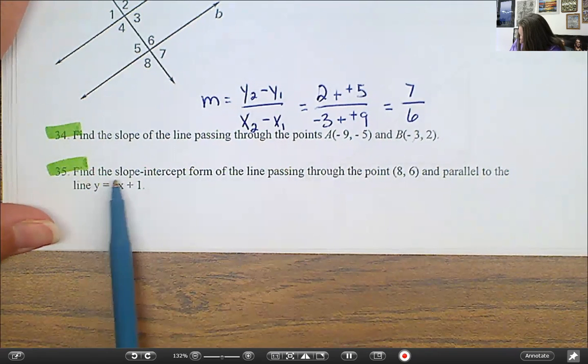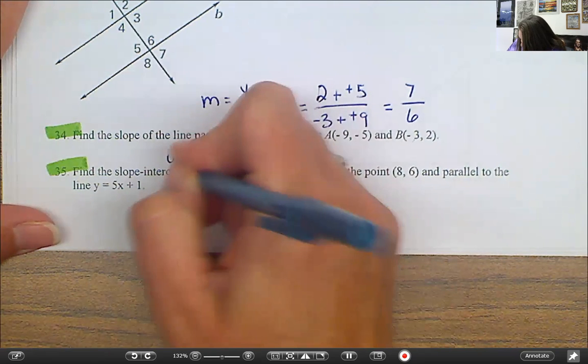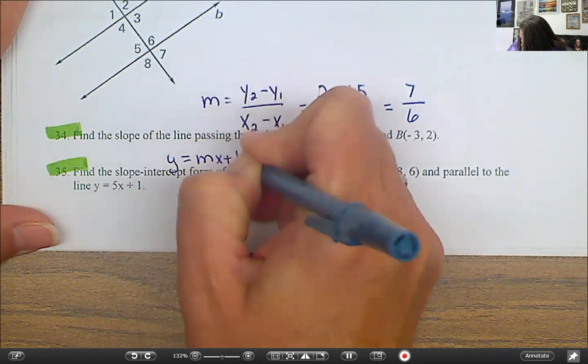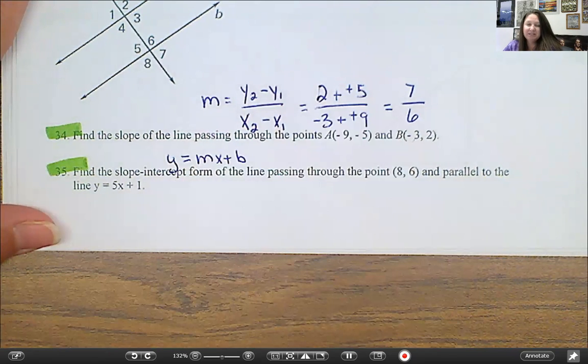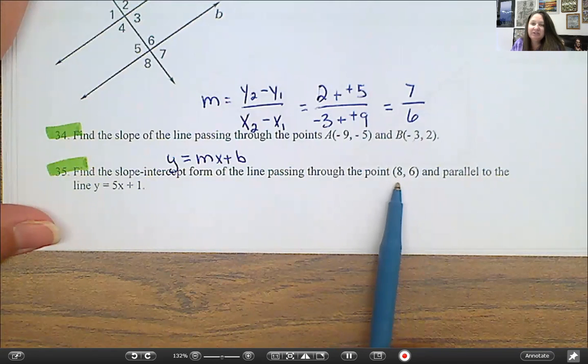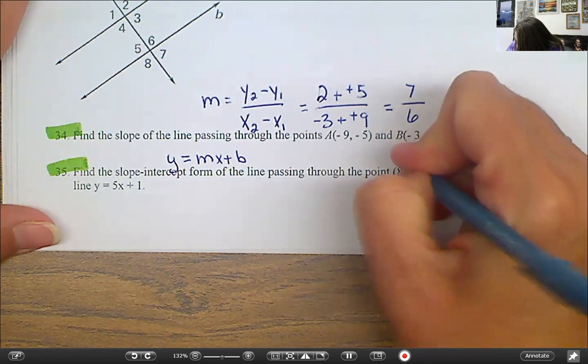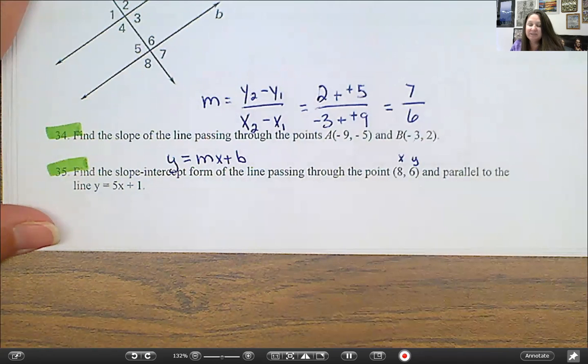Now, if we want to find the slope-intercept form of a line, remember, slope-intercept form is just the equation y equals mx plus b. If you're given a point that has to be included on this line, 8, 6, that can be your value that you use for x and y, because that's an x and y coordinate.